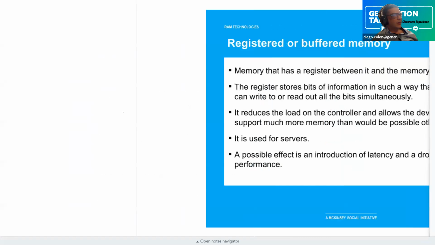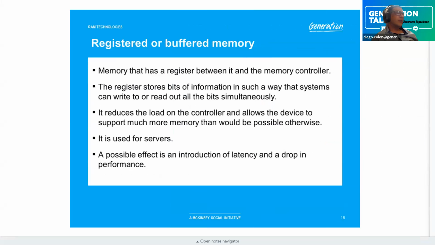So next type of memory that we're going to be covering here is the registered or buffered memory. Let's see who could help us here. Let's go with Fadil. Please help me read this. Okay, registered or buffered memory. Memory that has a register between it and the memory controller.